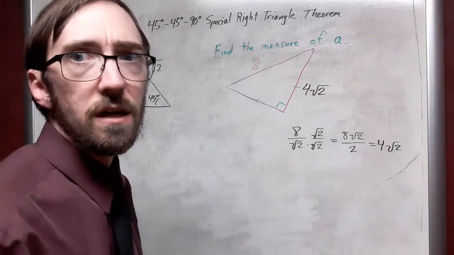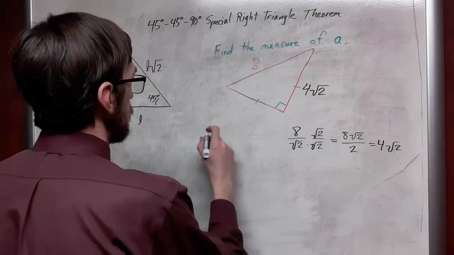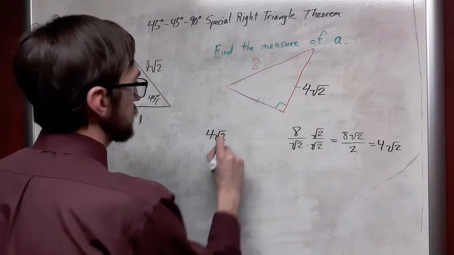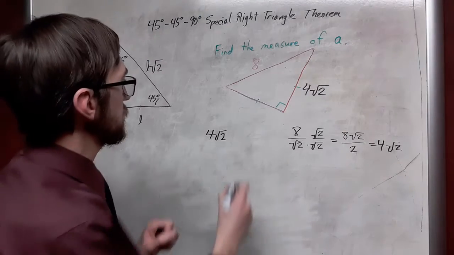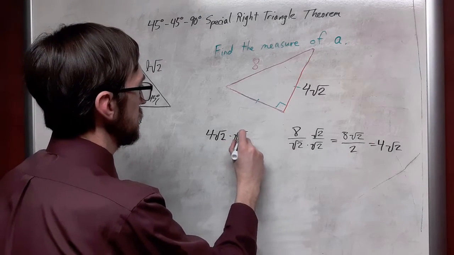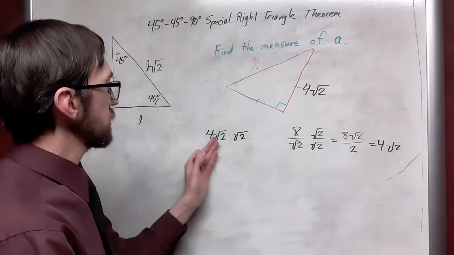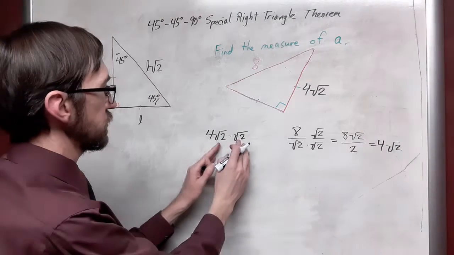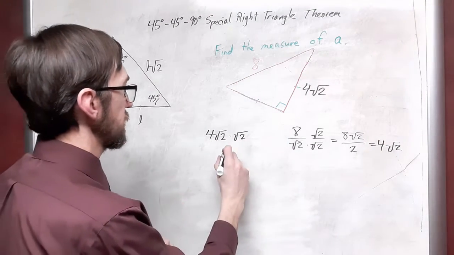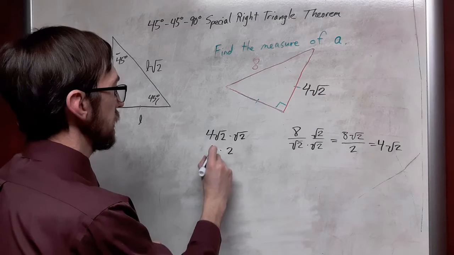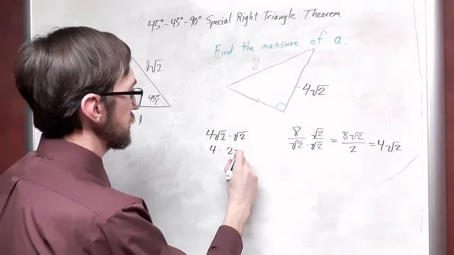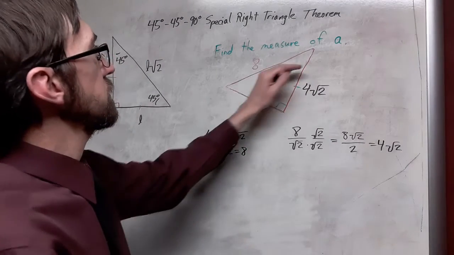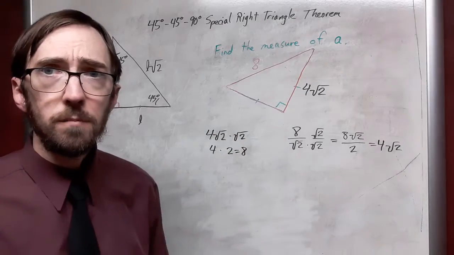If we take this side, which is 4 square root of 2, and we multiply by the square root of 2, we get 4 square root of 2 times square root of 2. The two square roots of 2 just multiply together to give us 2. So we have 4 times 2, which is 8, and that is in fact our hypotenuse.